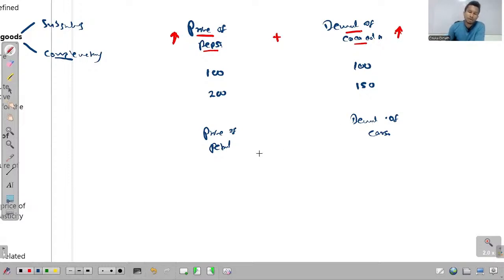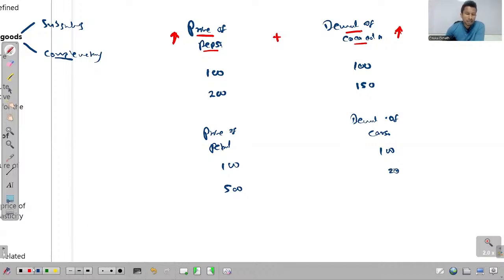Price of petrol and demand of cars. When the petrol price is 100, let's assume the demand of cars is also 100. In a hypothetical economy, this happens. When the price of petrol gets increased to, let's say, 500, what should happen to the demand of cars? It should decrease now, right? It should decrease now.